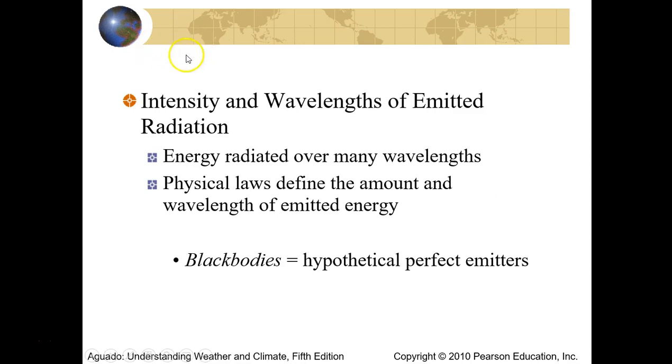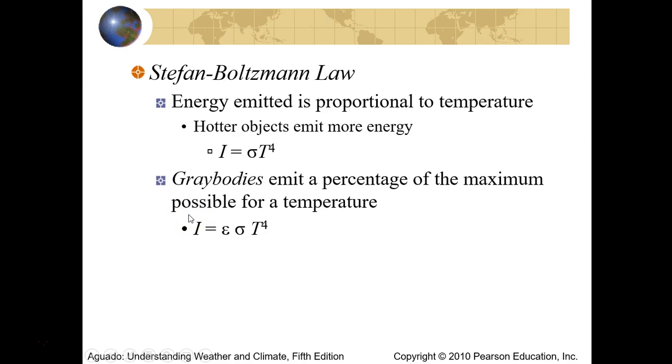Often what ends up happening is that objects like the Earth absorb sunlight and then re-radiate heat. And because the Earth is a different temperature, it actually re-radiates very different energy than it absorbed to begin with. And this is where we start talking about the Stefan-Boltzmann law, that hotter objects tend to radiate more energy per surface area.